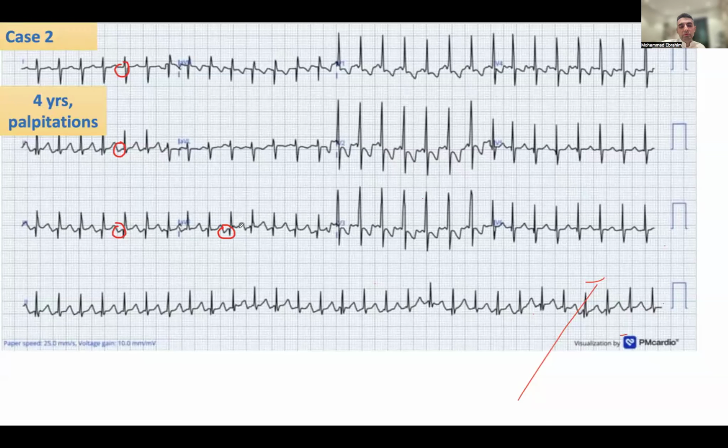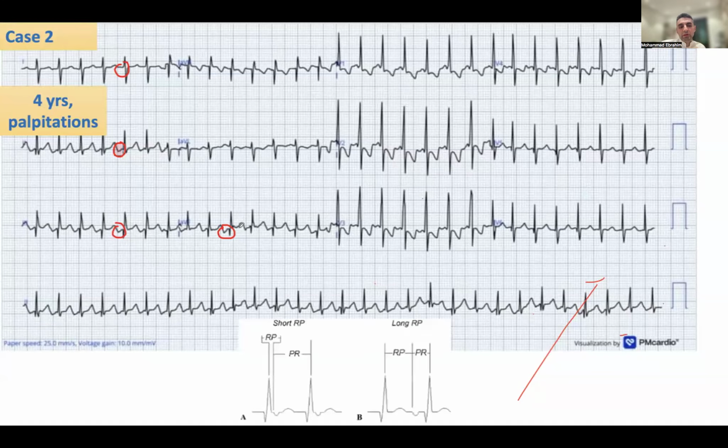So why is this an important ECG? Because we can classify SVTs further into short RP interval versus long RP interval. If you look at the QRS and you see the P wave way beyond the QRS, like in this case, this is called long RP. In general, more than 2 small squares is called long RP, and long RP tachycardias are usually more difficult to treat.